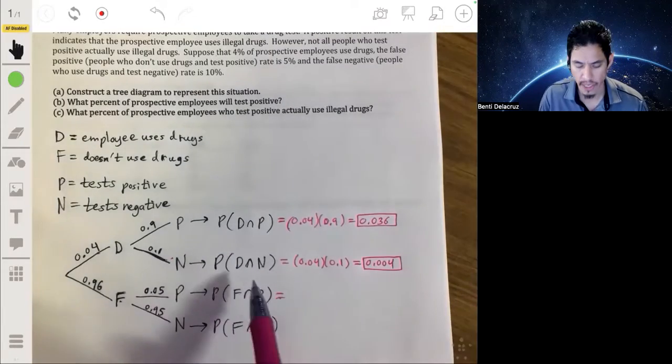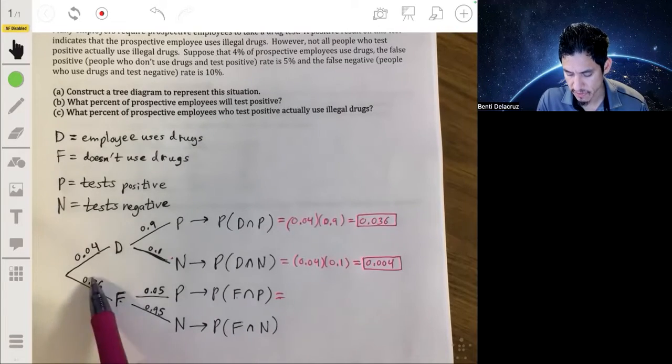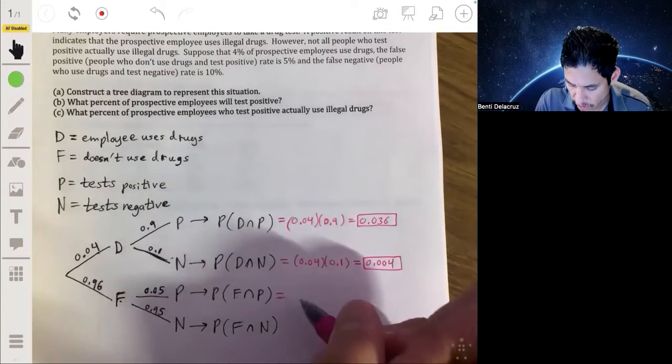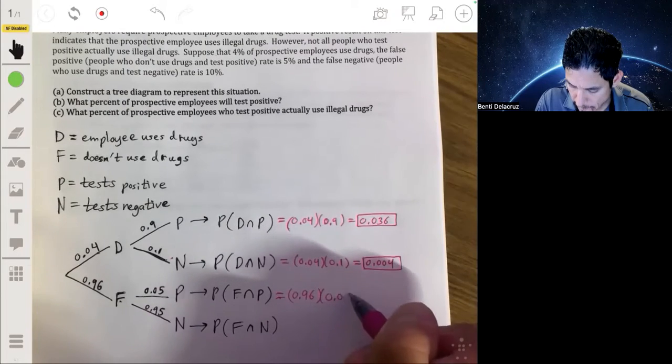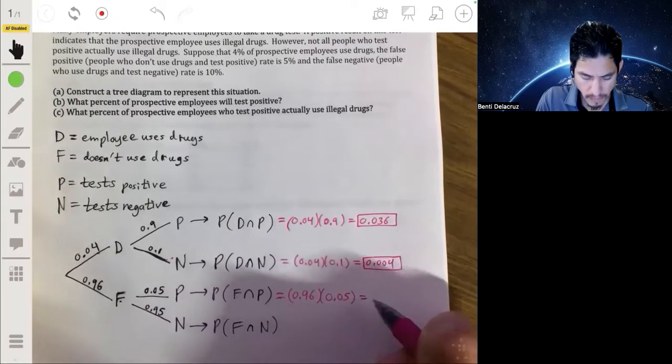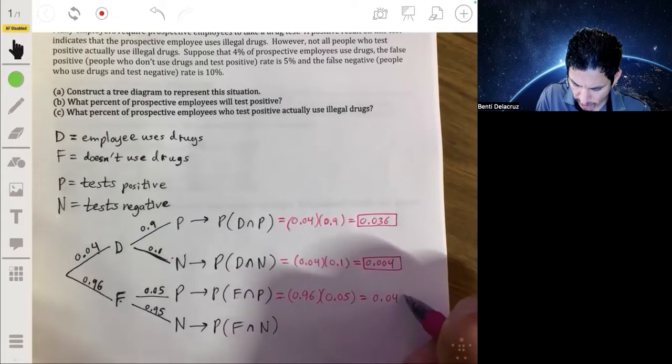And over in this world, we've got the probability of being drug-free and testing positive. So 0.96 times 0.05, and you should get 0.048.